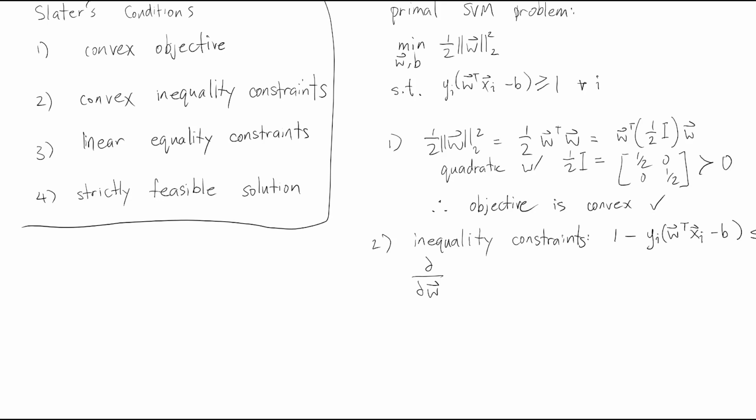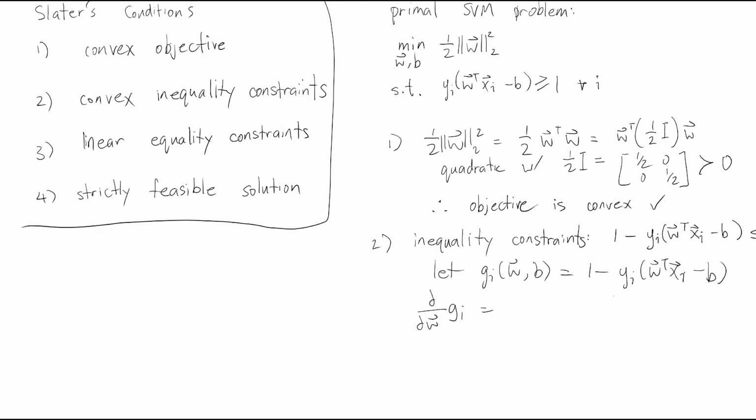Let's name this function: let gi of W and b equal 1 minus yi times W transpose xi minus b. Then we can first take the gradient of g, with respect to W first.